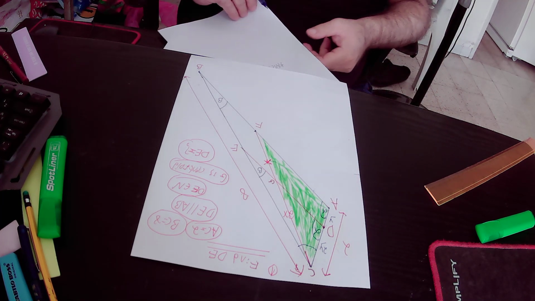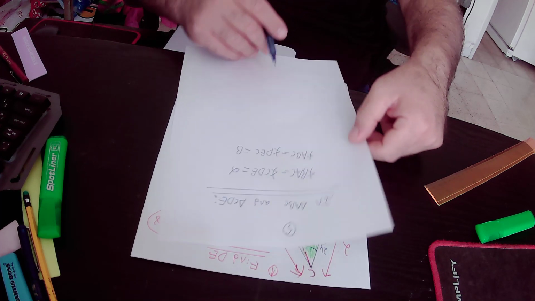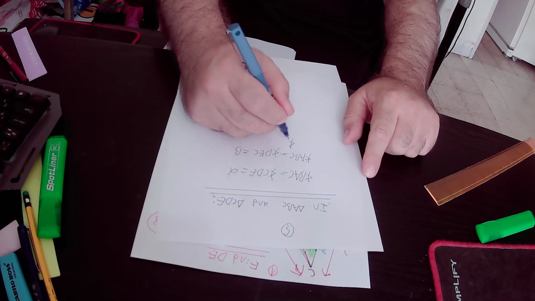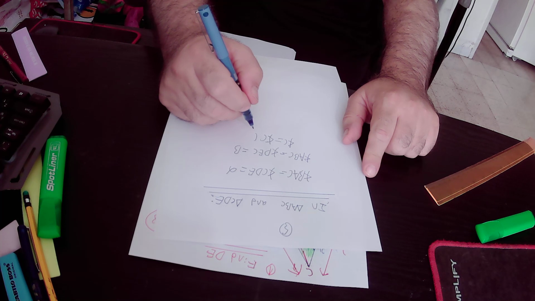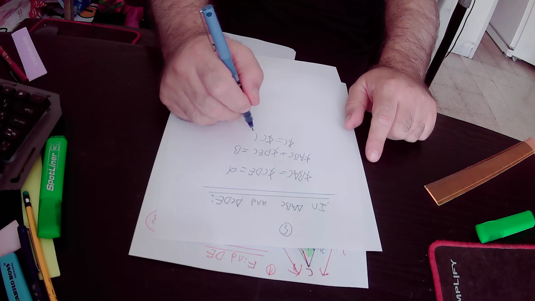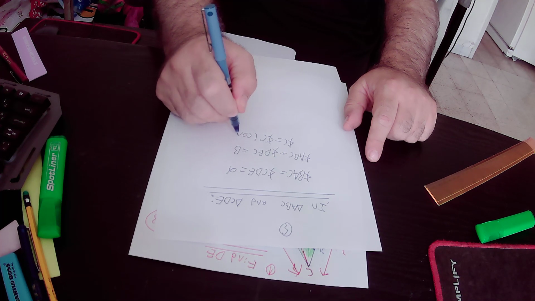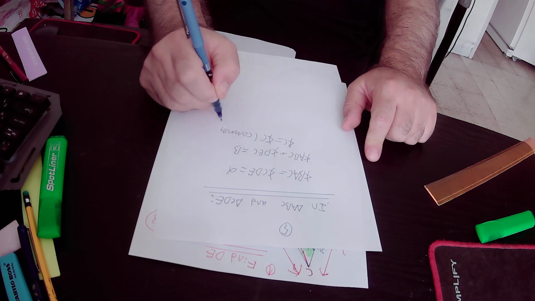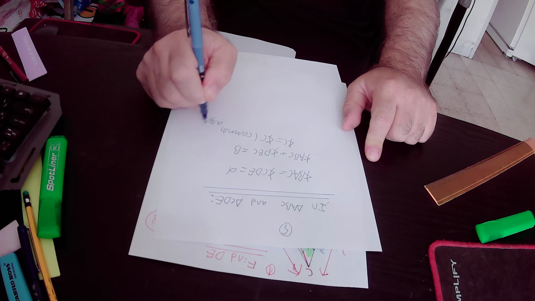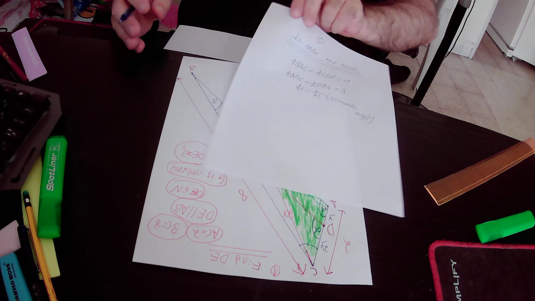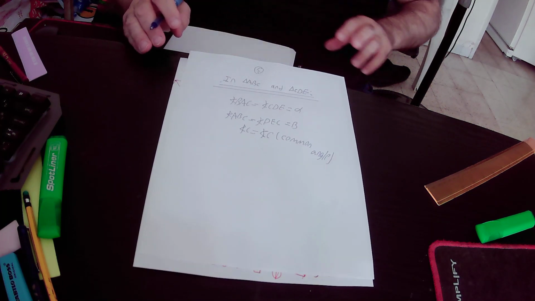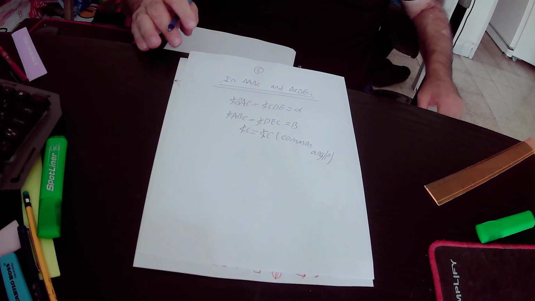So we can write down that angle C equals angle C. It is a common angle. It belongs to both triangles.